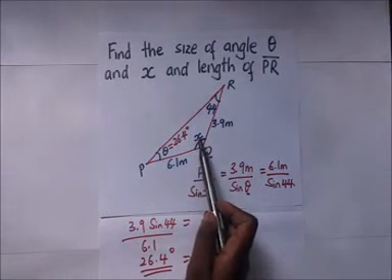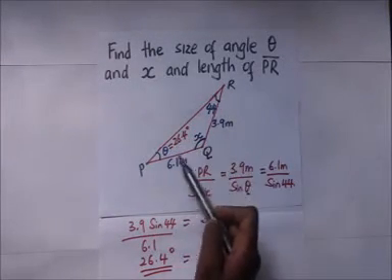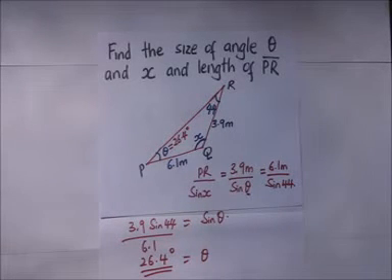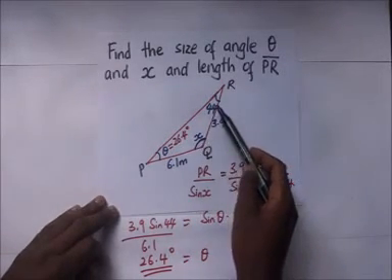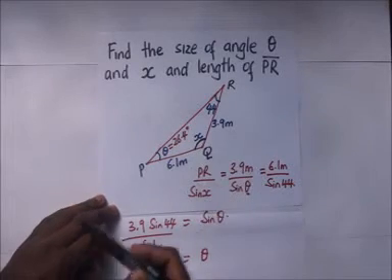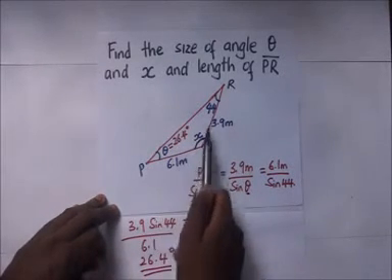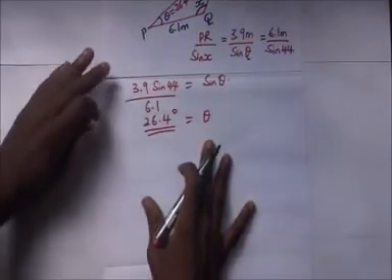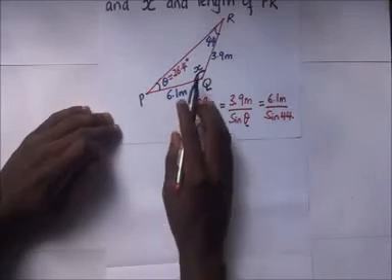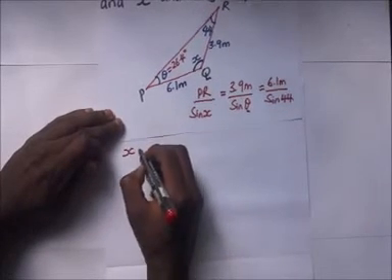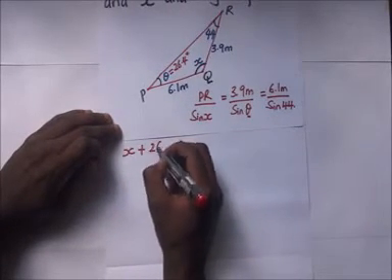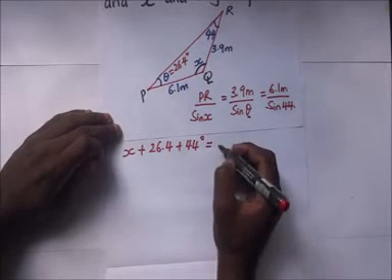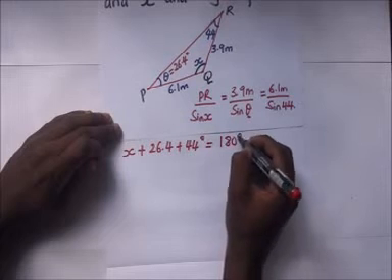Now theta is 26.4 degrees, we can get the value of x, because this is a triangle and we know that the total angle sum of a triangle is 180 degrees. So x plus 44 plus 26.4 degrees is equal to 180 degrees, and through that we are able to get the value of x, the missing angle. So x plus 26.4 plus 44 degrees gives us 180 degrees.